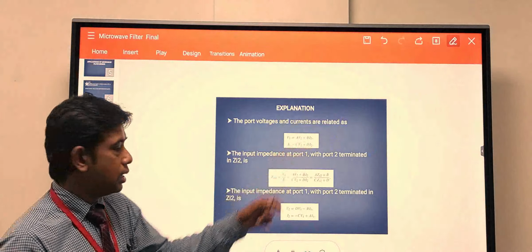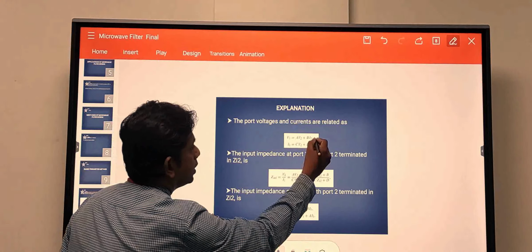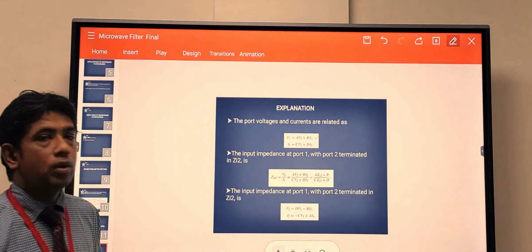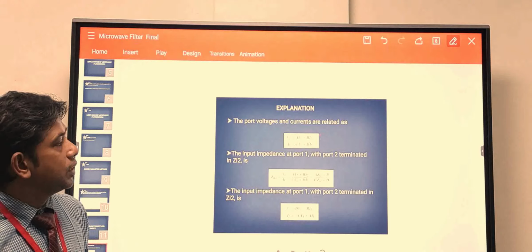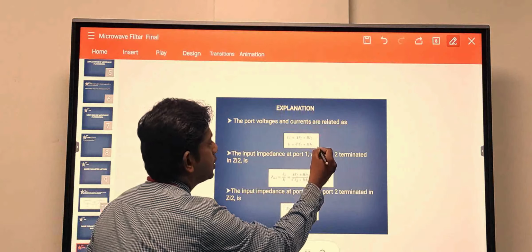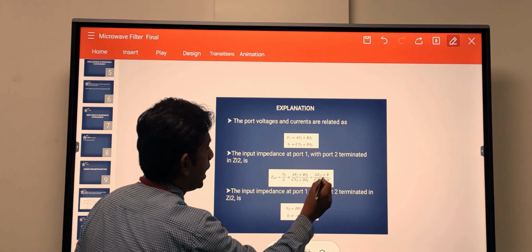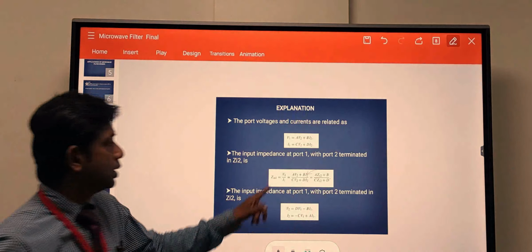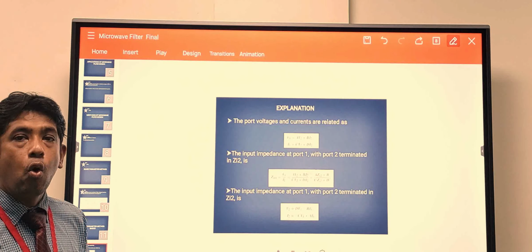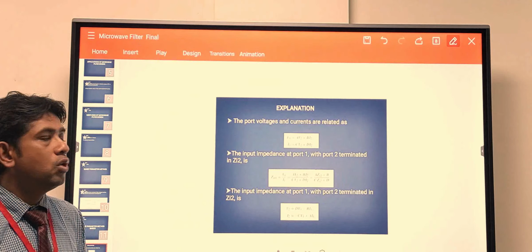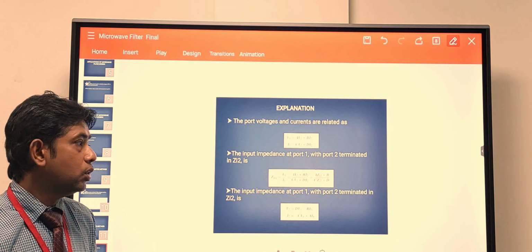V1 we have already found as AV2 plus BI2, and I1 as CV2 plus DI2. So these combined can be written as AV2 plus BI2 whole divided by CV2 plus DI2.